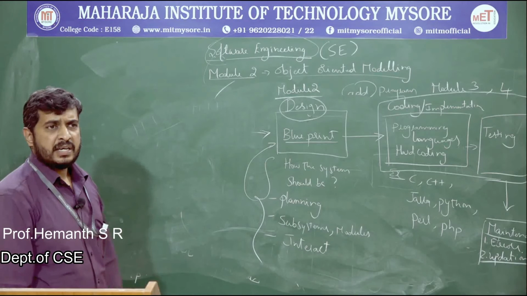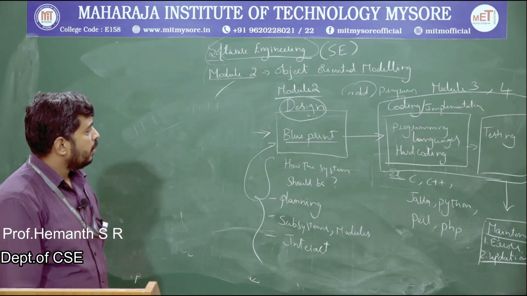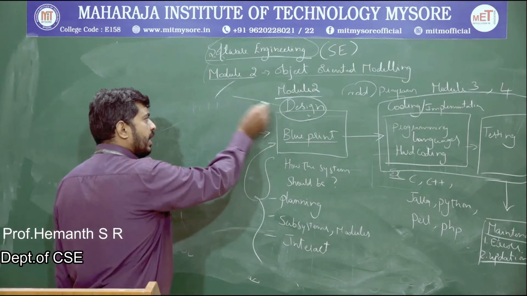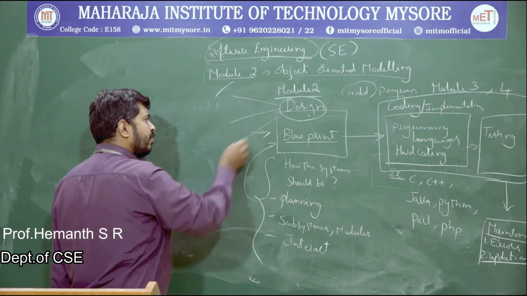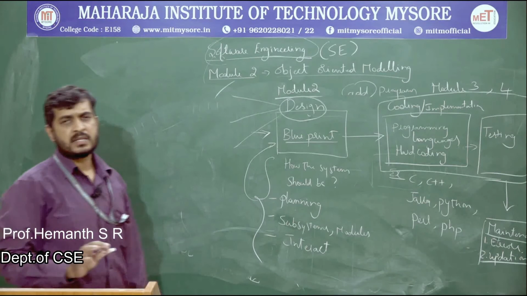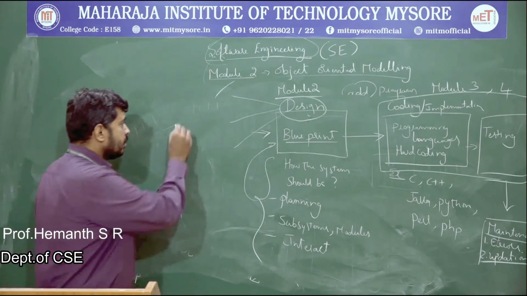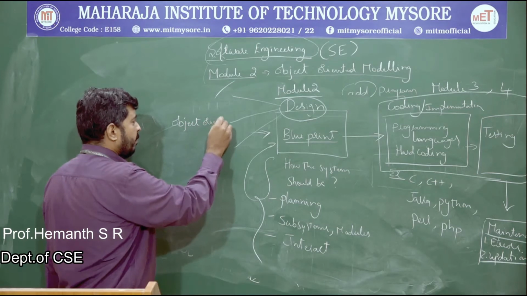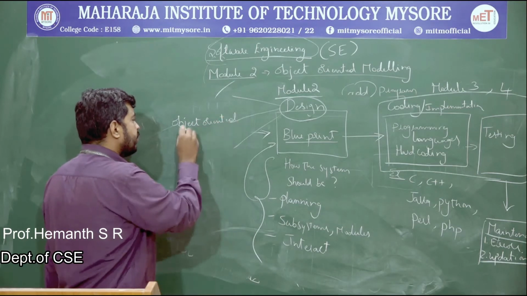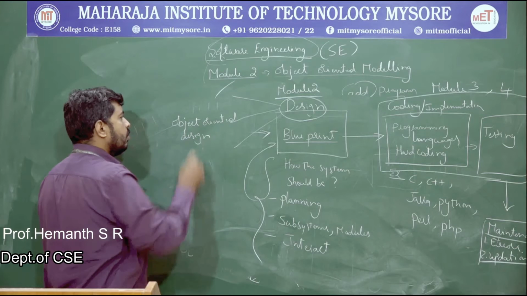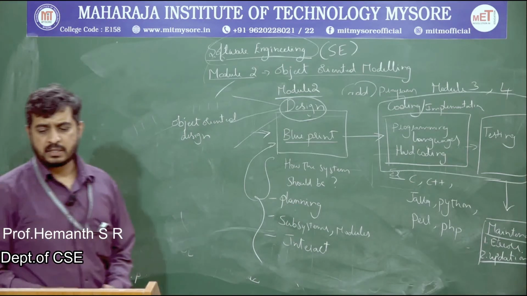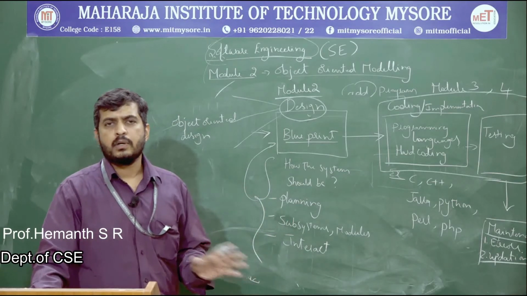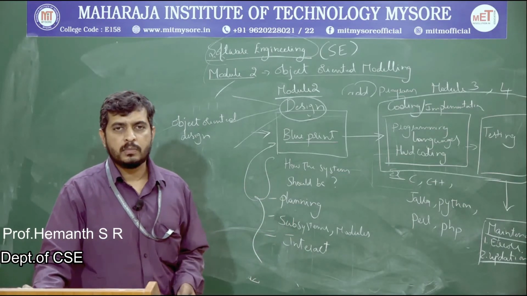Now how to do the design? Different ways of doing design exist, and one of the popular ways that is widely accepted across the globe is object-oriented design. Okay, so object-oriented design is one of the design techniques which is commonly adapted and used by all the software companies across the globe.